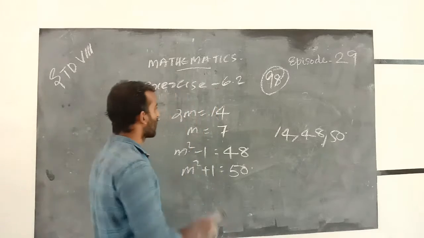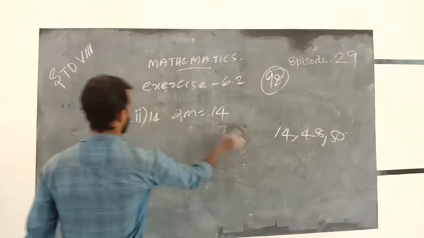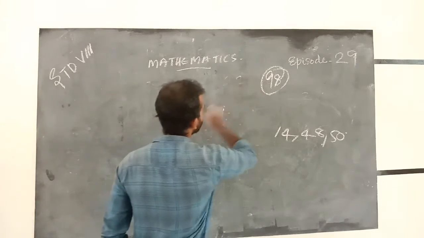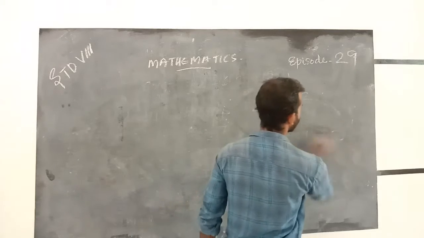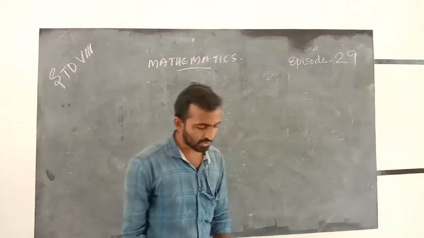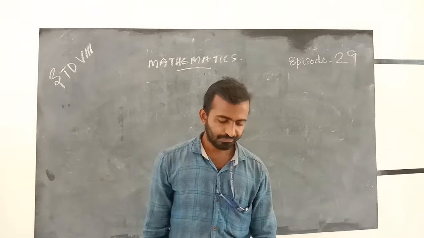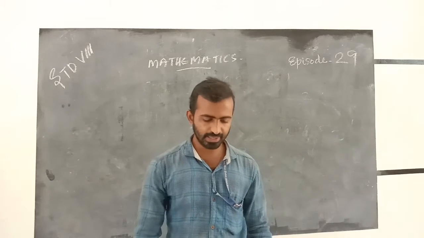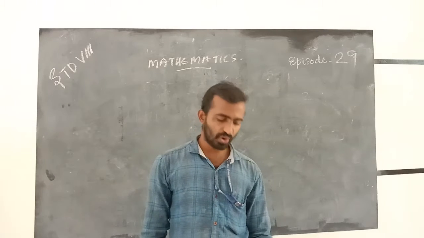Next, we are going to discuss square roots. What are square roots? For example, there is a square.